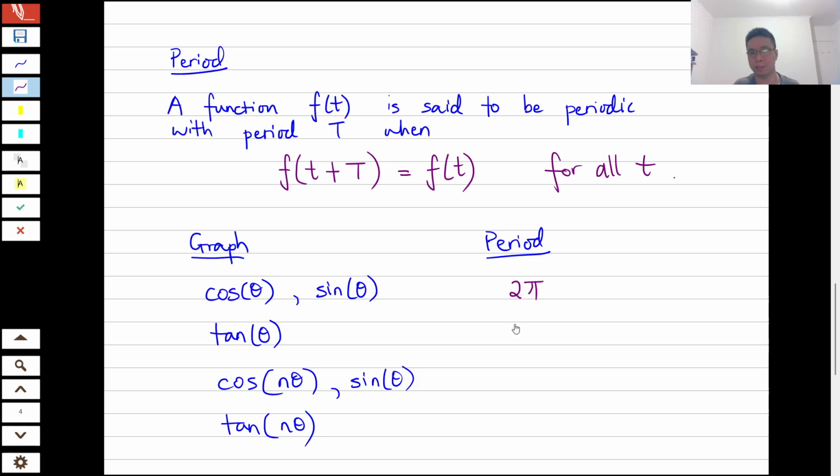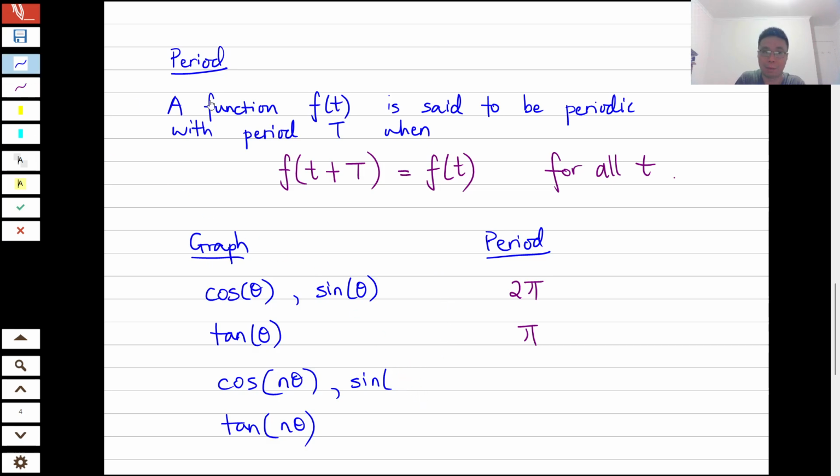But if you've done the year 11 course, you will have some recollection that tan theta has a period which is different to 2 pi. It's actually just pi. Tan also has a very different shape. It has asymptotes, unlike the sine and cosine graph, but we'll wait for when that exercise comes.